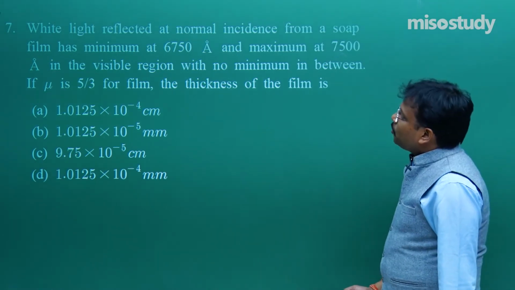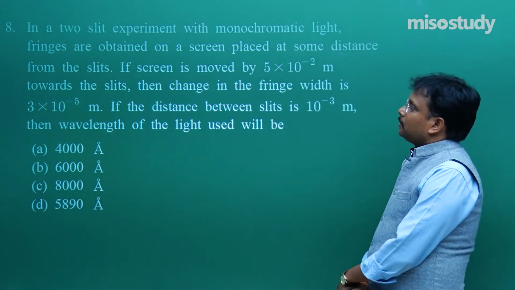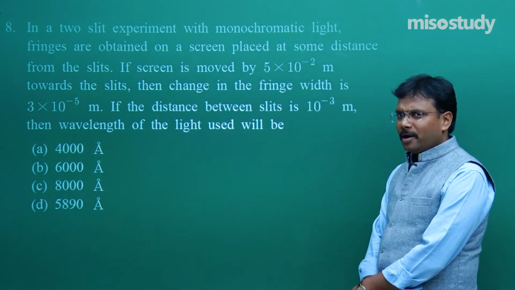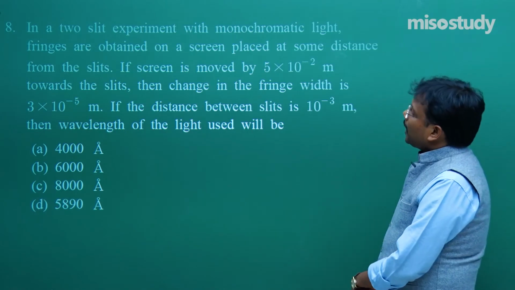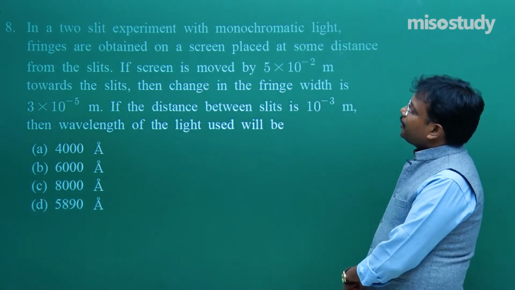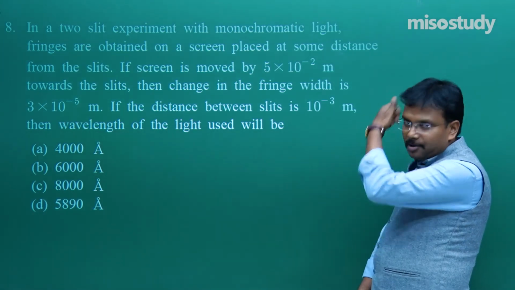So here comes your next question. In a two-slit experiment with monochromatic light, somehow we are moving towards the interference pattern discussion. In a two-slit experiment with monochromatic light, fringes are obtained on a screen placed at some distance from the slits.